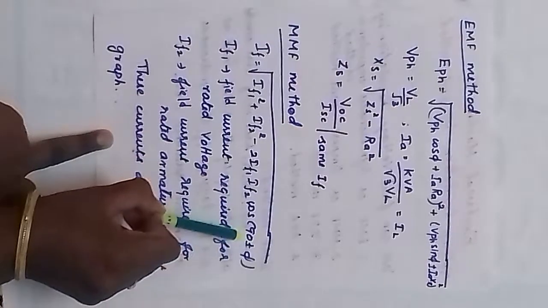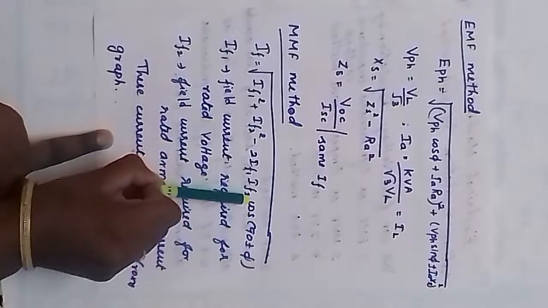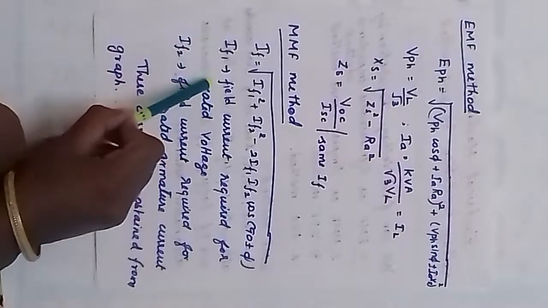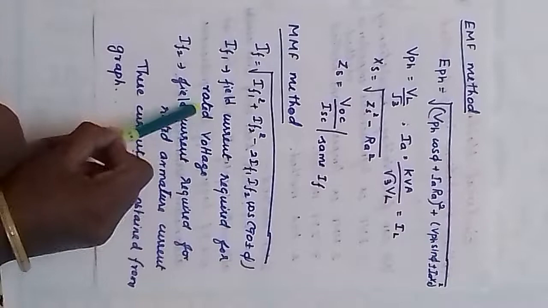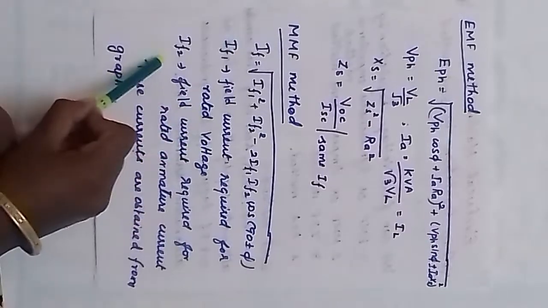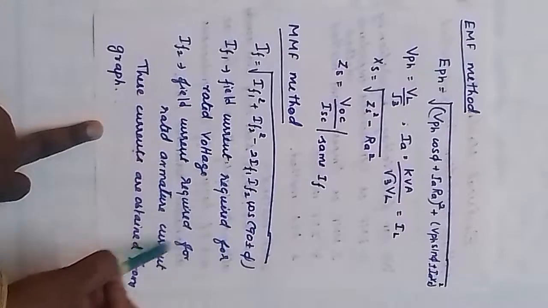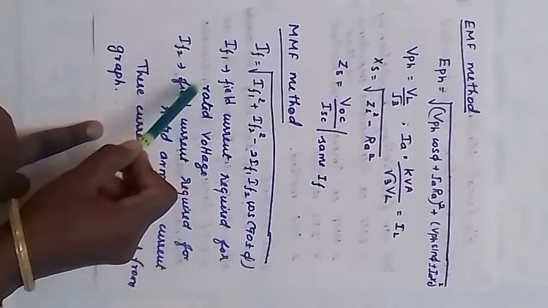Again this plus or minus indicates the difference for lagging and leading power factor. IF1 means the field current required for producing the rated voltage. IF2 means the field current required for rated armature current. And by drawing the graph, we can get these two values.